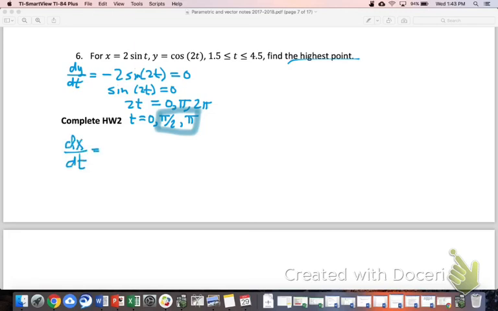Dx dt is 2 cosine of t. Let's do a quick mental check here and see. Do you guys see that 2 cosine of pi over 2 is 0, isn't it? So that's potentially kind of a unique situation, right? It could be like a sharp point.